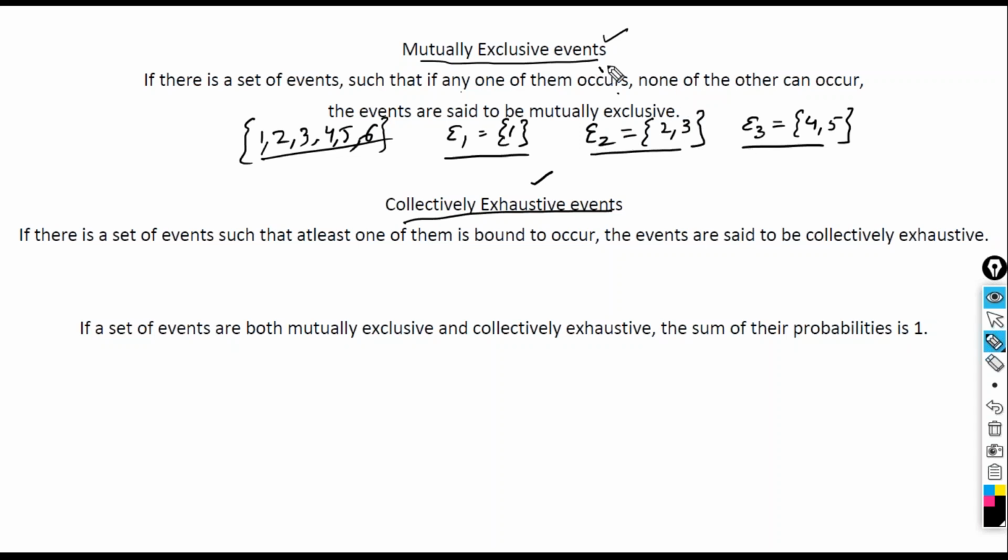If any one of them occurs, none of the other can occur. If we get 1 on the top face of the dice, Sharad, I said if you throw them two times, right? Or if you get either 2 or 3, you can also consider it that way. Another event is when you throw it 2 times, when you get 4 or 5, or like if I say that there is an event wherein you can get 4 and 5 only.